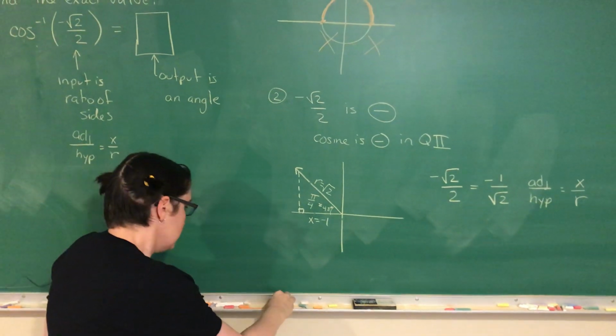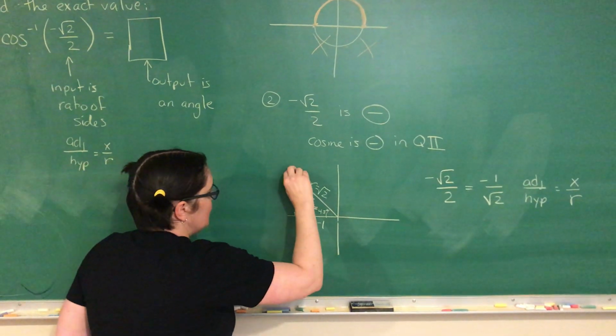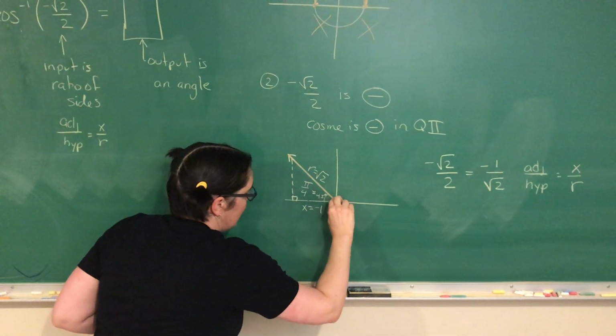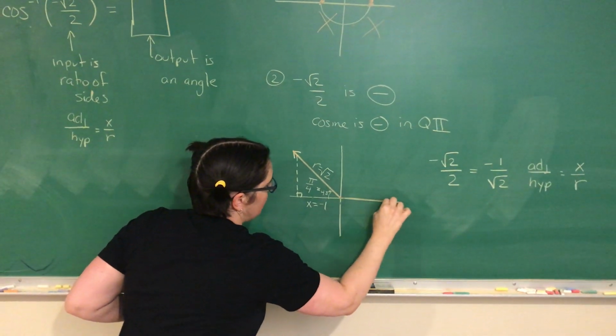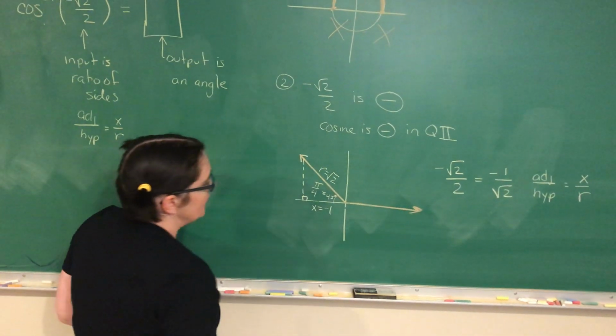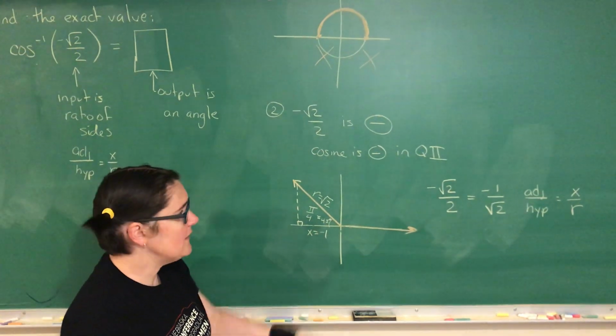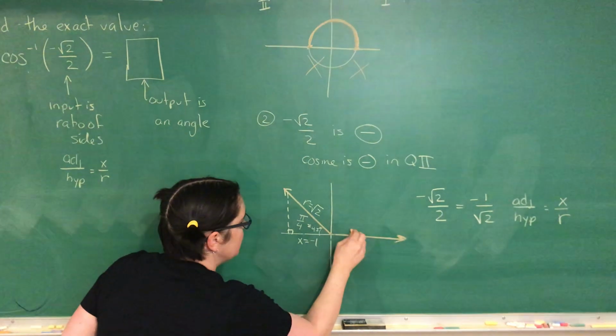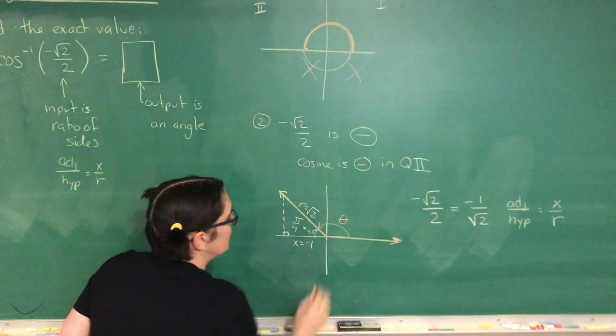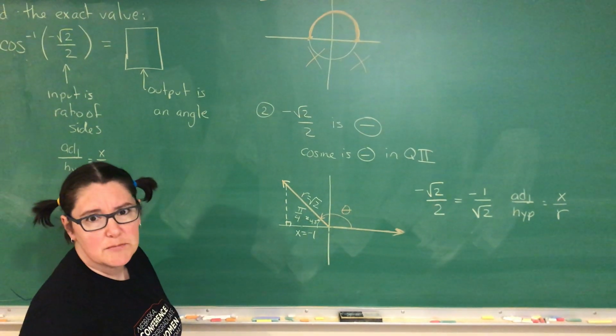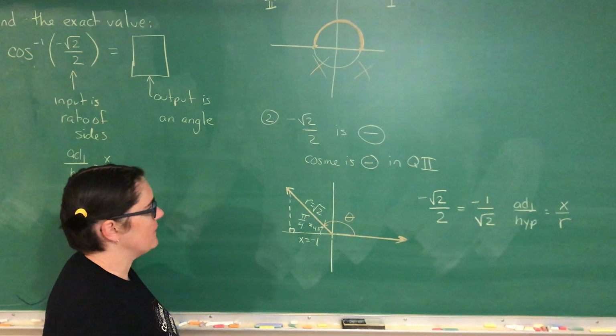Okay, so we've just figured out that the angle that we're looking for has a reference angle of pi over 4. And so I can either identify what the degree measurement is of this full angle, this is the theta that we want, or I can think about it in terms of blocks of pi over 4s.